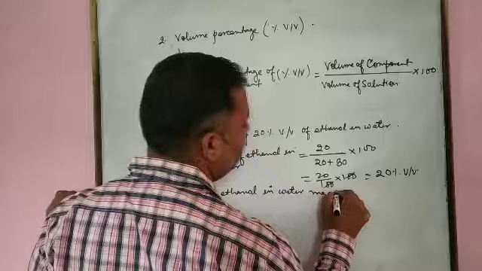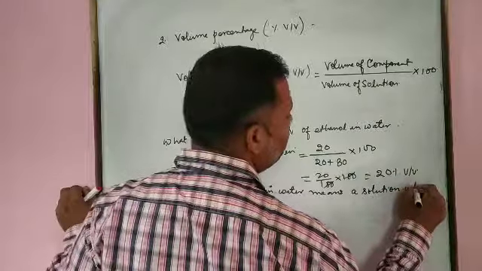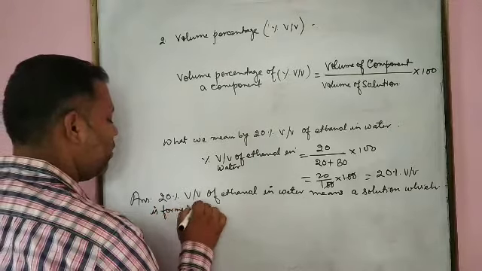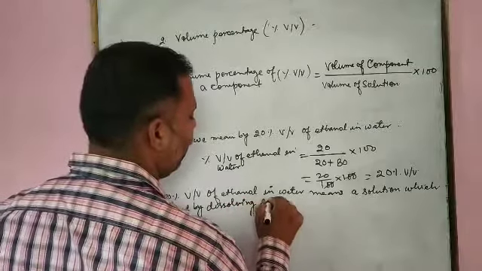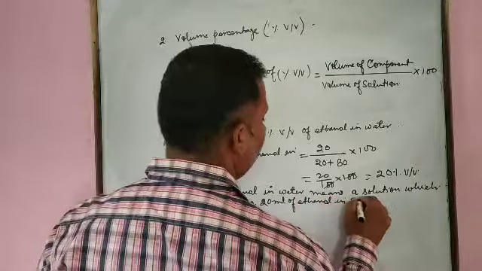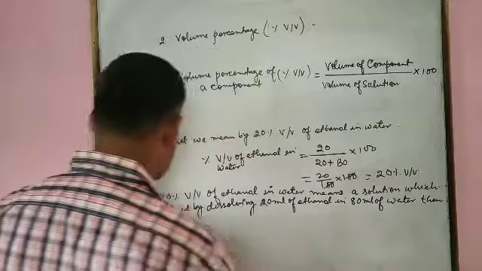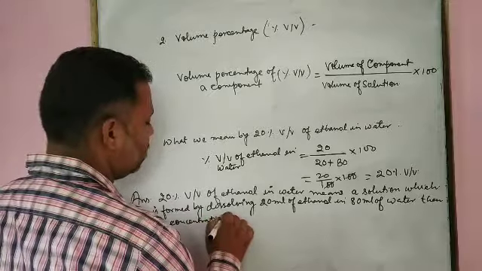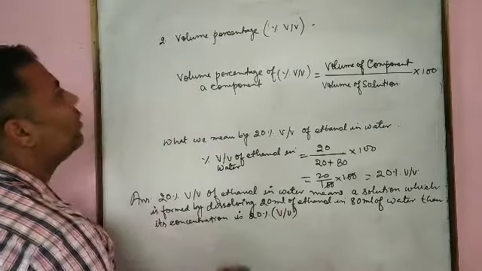It means a solution which is formed by dissolving 20 ml of ethanol in 80 ml of water, then its concentration is 20% V by V.